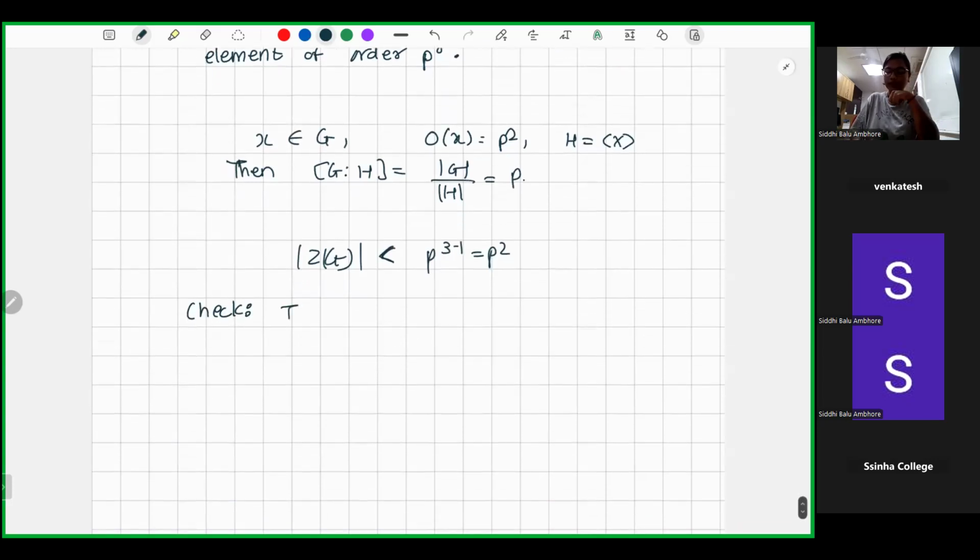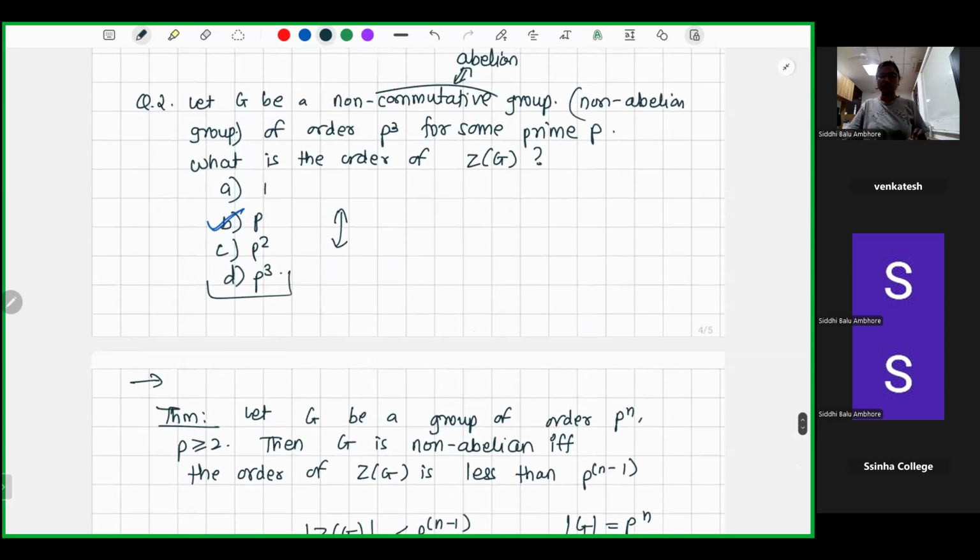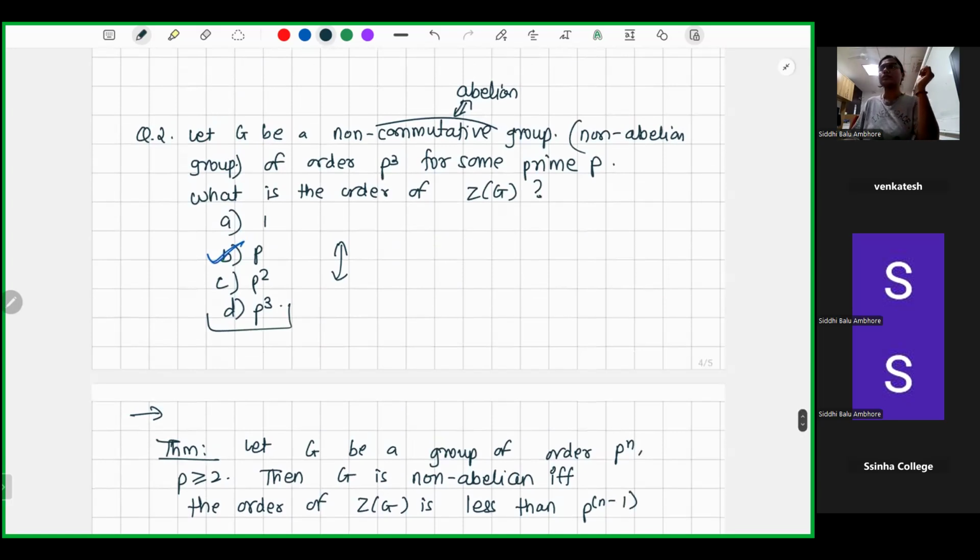I think we have discussed this earlier that every group of order P power n has order of Z(G) greater than or equal to P. I don't know whether this statement is correct or not, but try to check that there are at least P elements in the center of G. Is this okay?